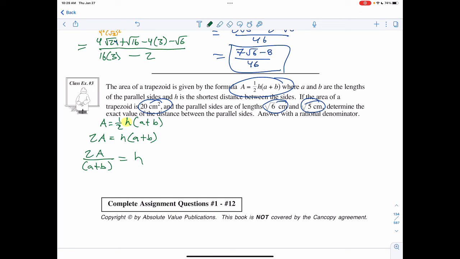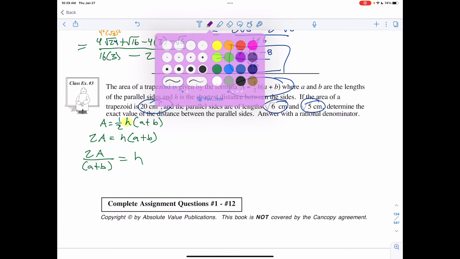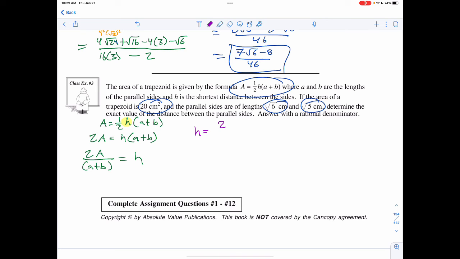So I can say that h is equal to 2 times the area, which they said was 20, divided by a plus b, we'll call a the root 6, and we'll call b the root 5.